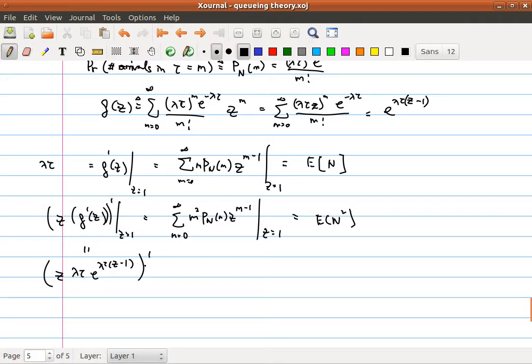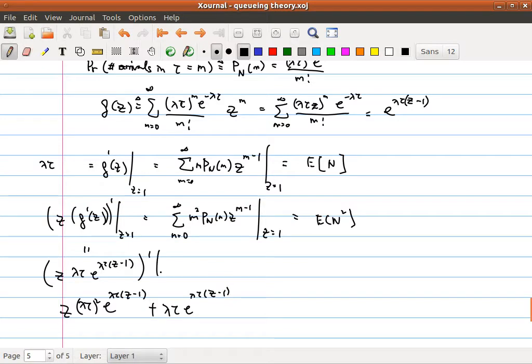That will give me lambda tau square e to the lambda tau (c minus 1) z. This is what I get taking this derivative first, and then let me take the derivative of this guy. I get lambda tau e to the lambda tau (c minus 1).